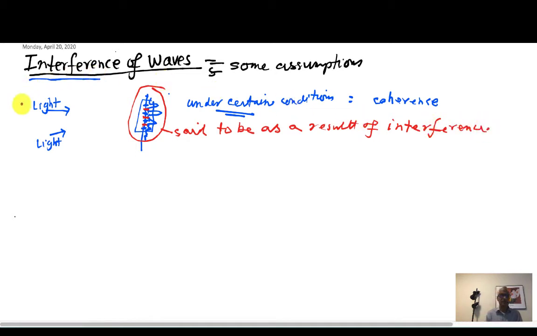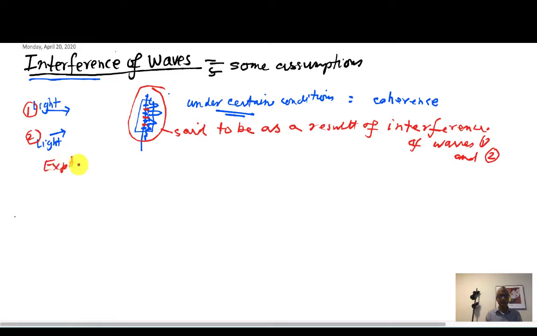Interference of the waves from the two sources, 1 and 2. So this is a physical thing. You've probably seen this in an experiment.